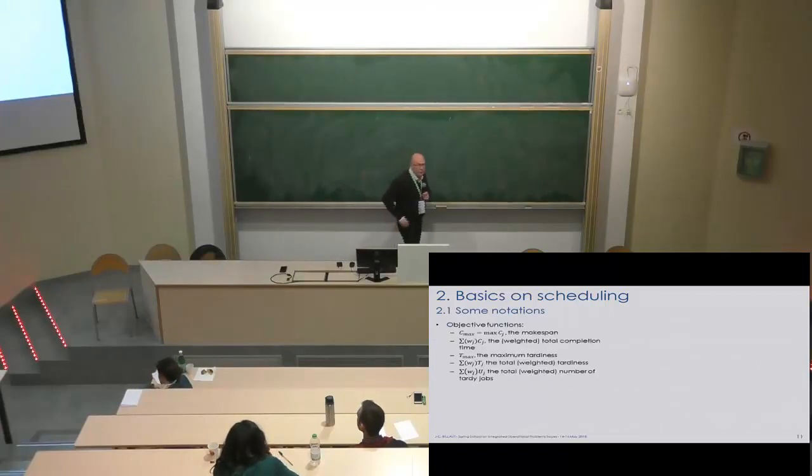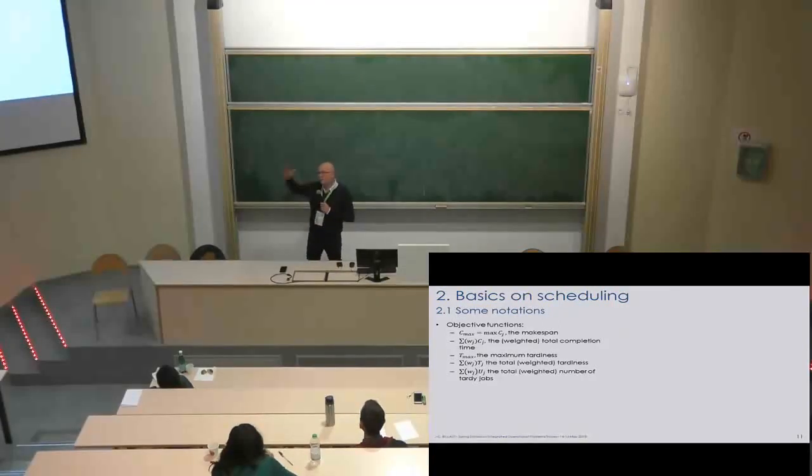The objective functions, because we want to define a starting time for jobs which is optimal for some objective functions. We have the most common, maybe the most famous objective function, which is the makespan, the maximum of the completion time. It means that we want the job that completes at the maximum date to be as small as possible.